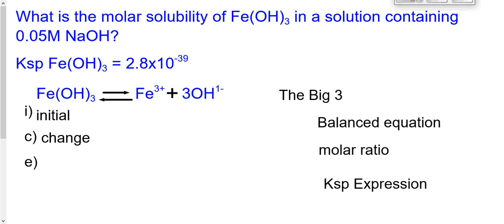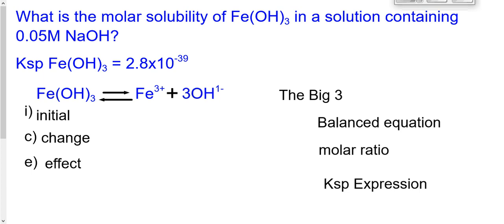How do those initial amounts change as a result of establishing equilibrium or as a result of adding another salt with an ion in common? And E stands for what is the effect of that change. Some people like E to stand for where are the values at equilibrium. Either way, an ICE chart allows us to figure out what's happening in the equilibrium before we try to put those values into a Ksp expression.